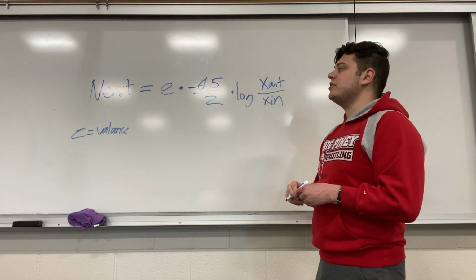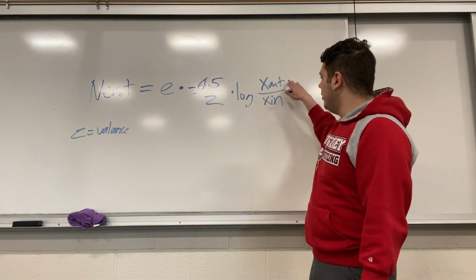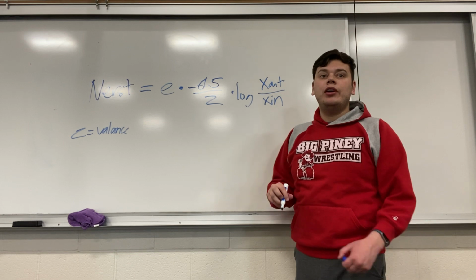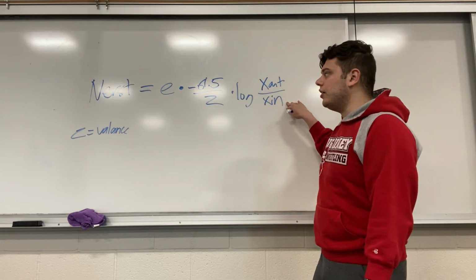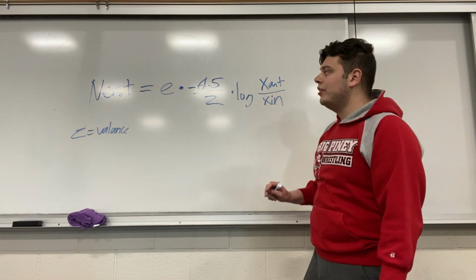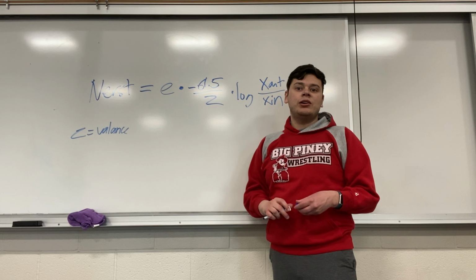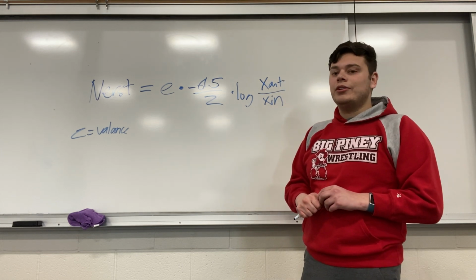And so when we actually have a real math problem, we'll be able to solve for our in, our out. And what these do is in represents the concentration that is in our cell, and out represents the concentration that is out of our cell. And we can do this for ions such as potassium and chloride and all those.